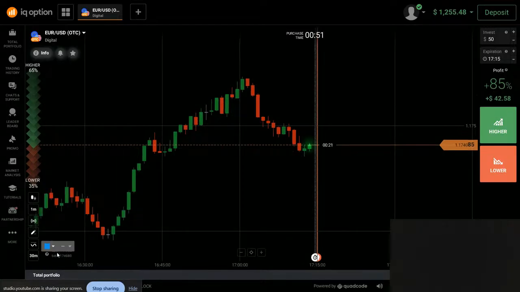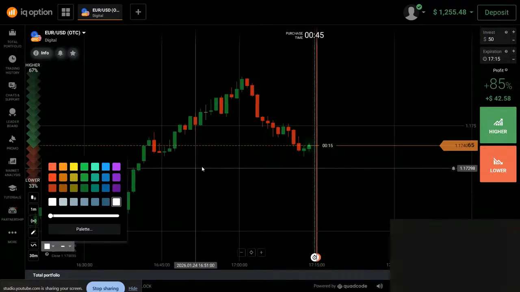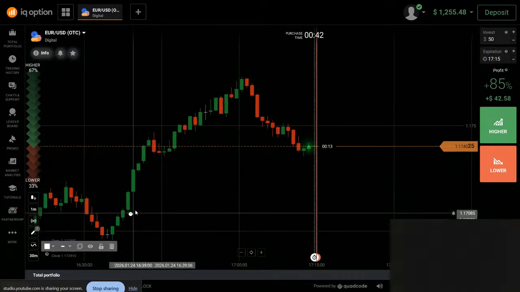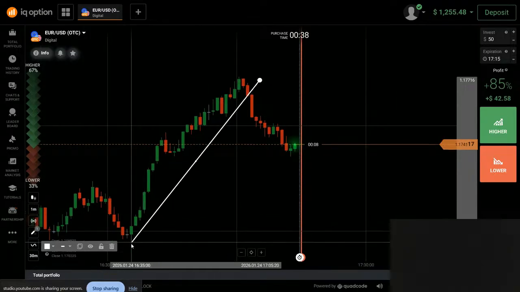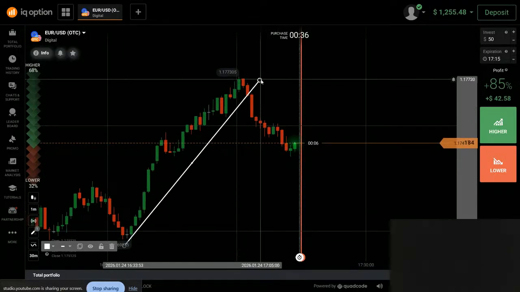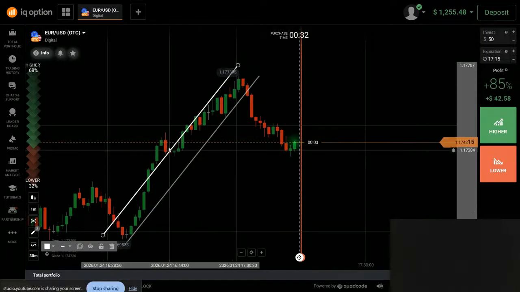So before taking the trades, as everyone knows, we will analyze the market with the help of price action, and before taking the trades we will definitely use the price action tools to analyze the whole market for placing the trade.